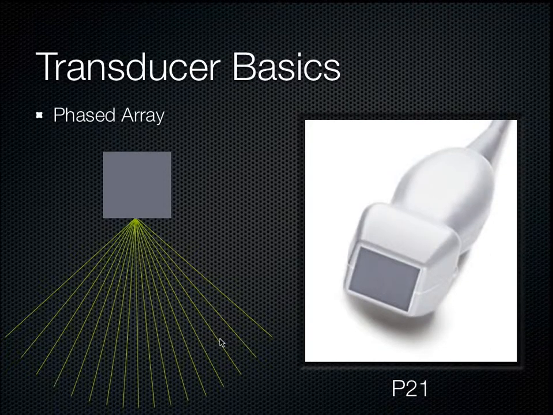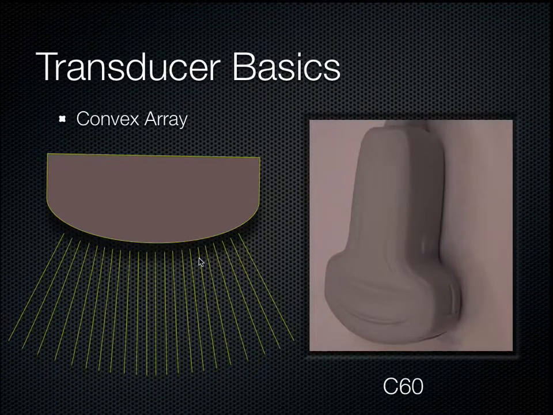Now, the advantage to having a small footprint phased array transducer is that I can see from the diaphragm superiorly all the way through Morrison's pouch to that lower pole inferiorly between the ribs. Using this larger footprint transducer, while I do have more elements in them and I've got beautiful resolution throughout these elements, the downside is that the footprint is so big that I might be putting it on 2 or even 3 ribs.